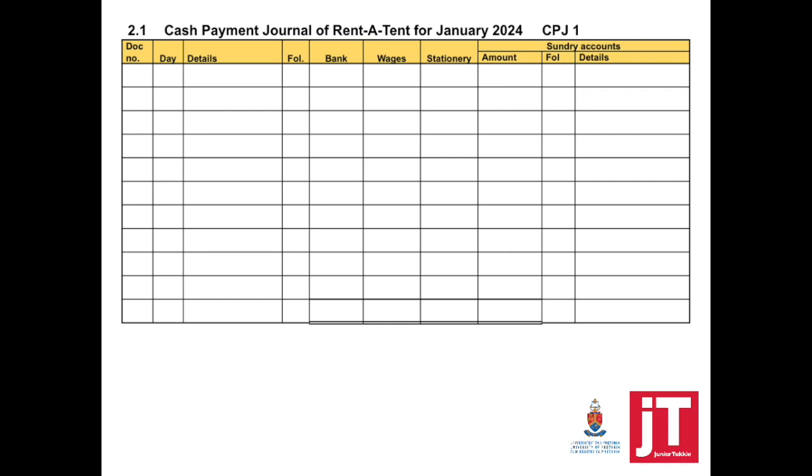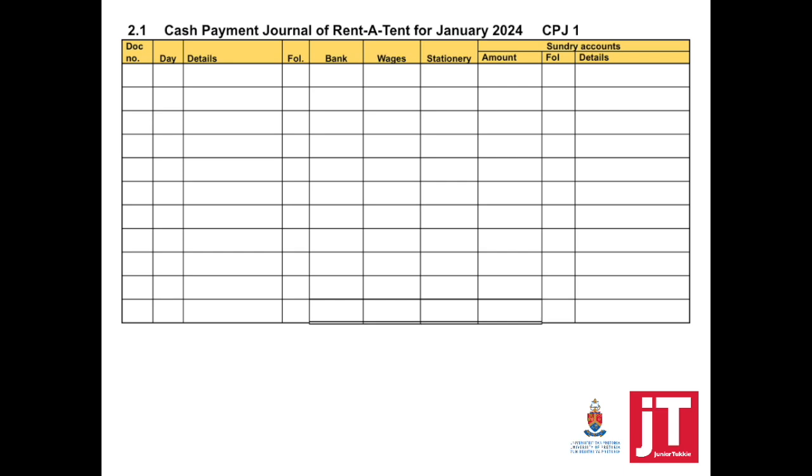Our options when the business receives cash are duplicate receipt, bank statement, cash register roll. Those are not applicable to the cash payment journal because the business didn't receive money. Now the business made a payment. So you can never ever have cash register roll or duplicate receipt in a cash payment journal. However, you can have bank statement.